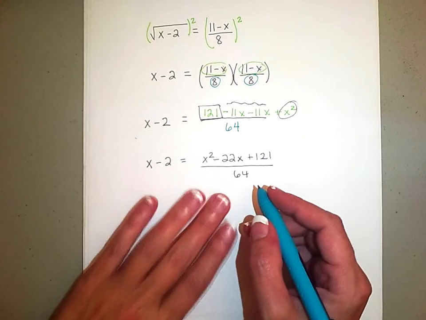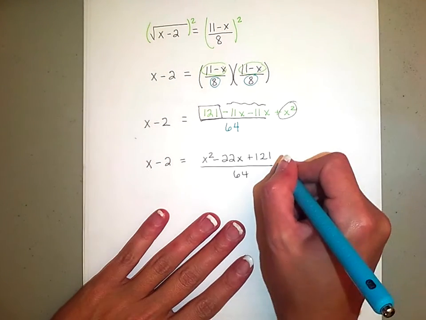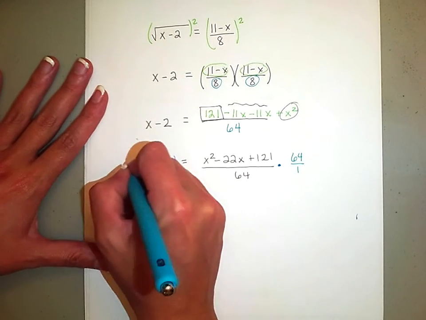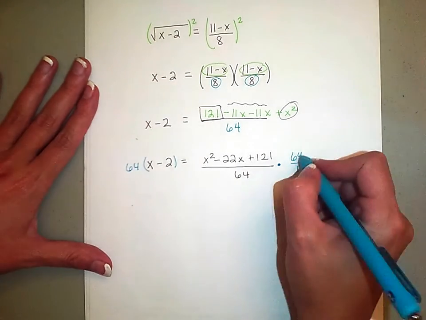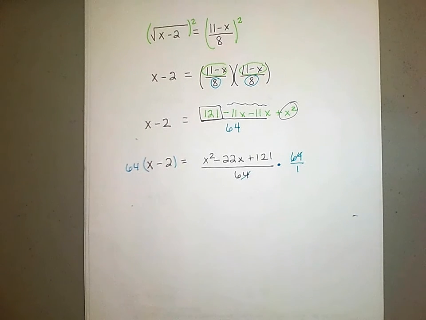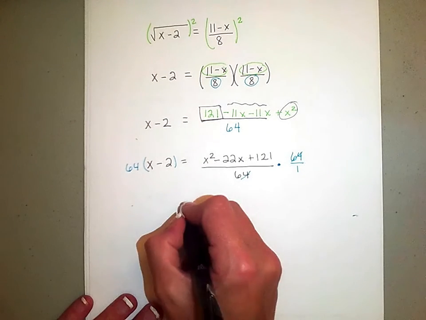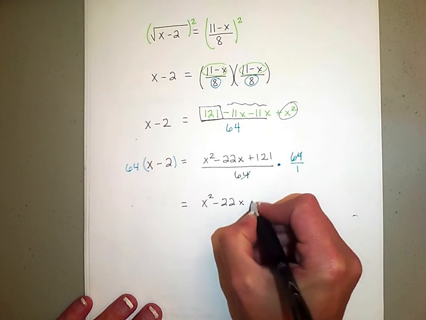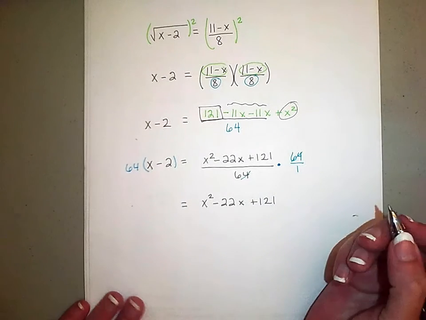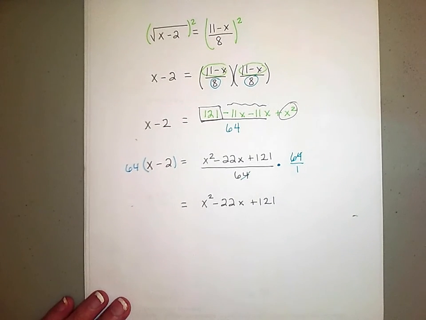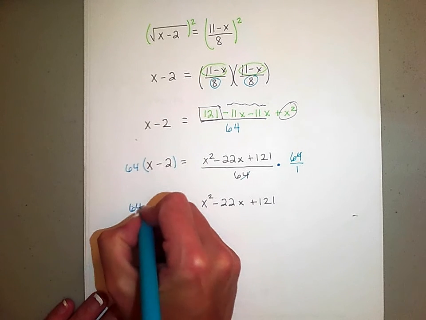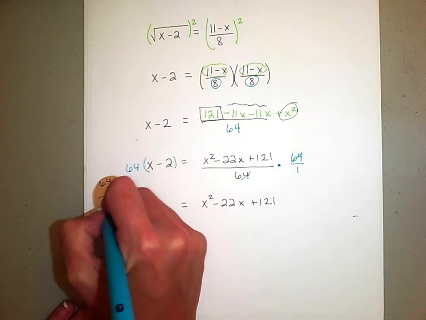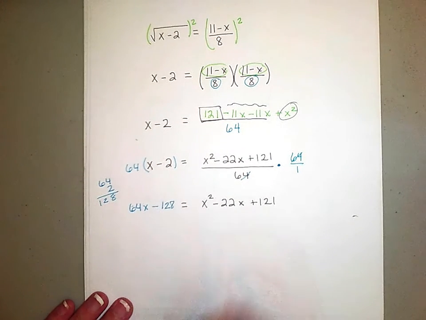And I'd like to be done with this denominator, this rational. So let's multiply by 64, which means I need to multiply both sides by 64. And these will cancel. You get x squared minus 22x plus 121 on this side, and then on the other side we have 64x minus 128.